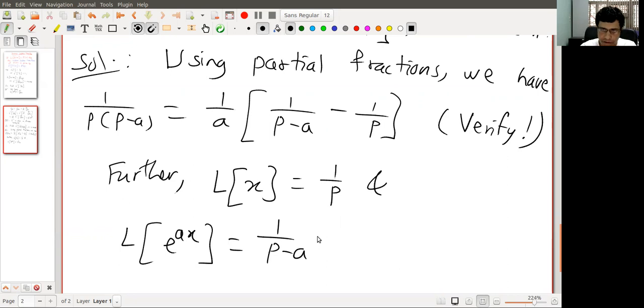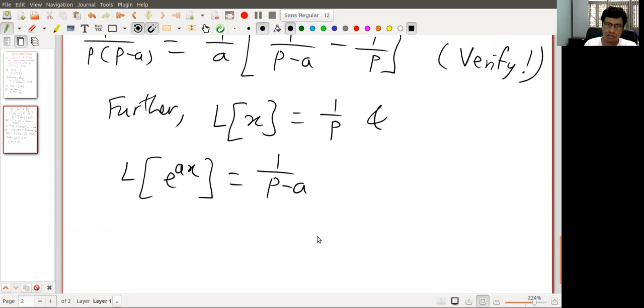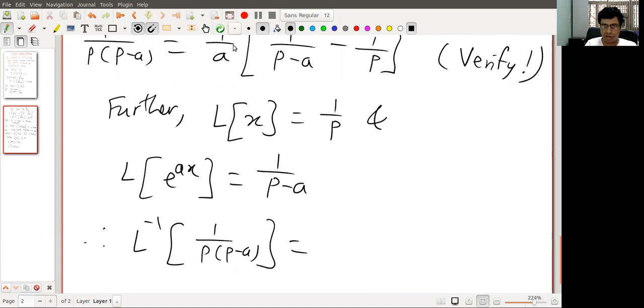Therefore L inverse of 1 upon p into p minus a is same as L inverse of 1 upon a into 1 upon p minus a minus 1 upon p.